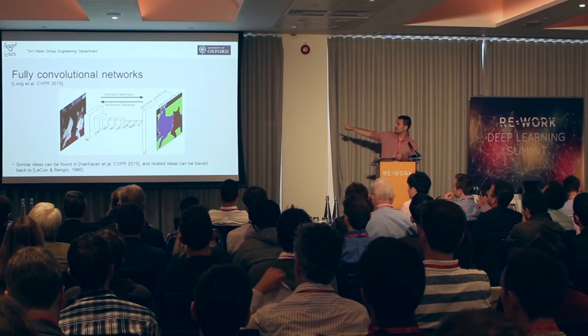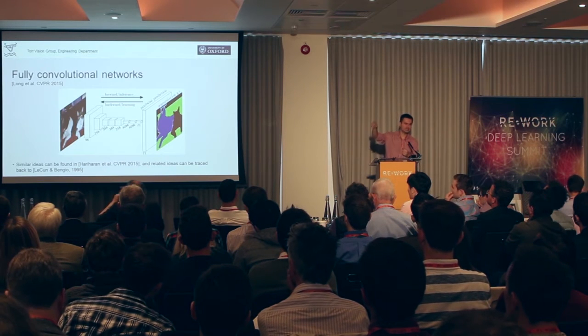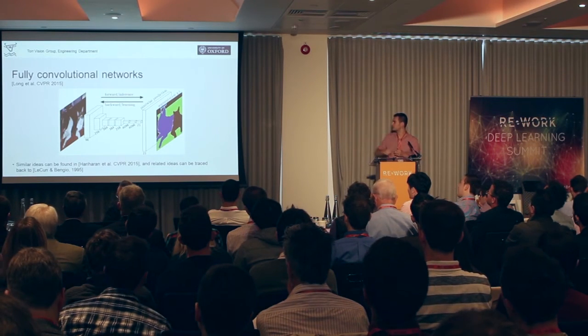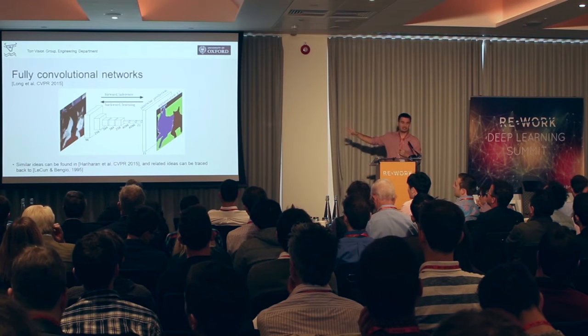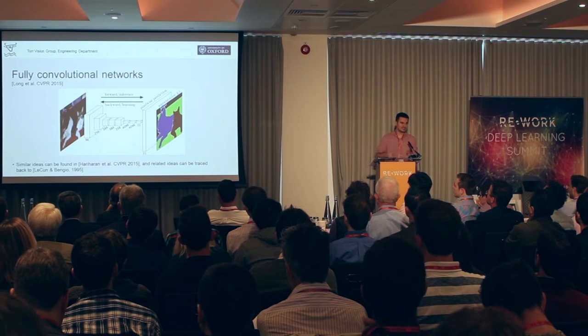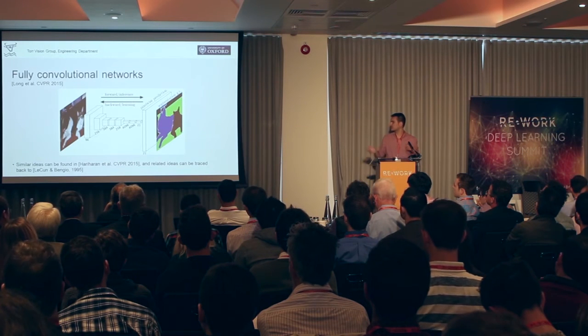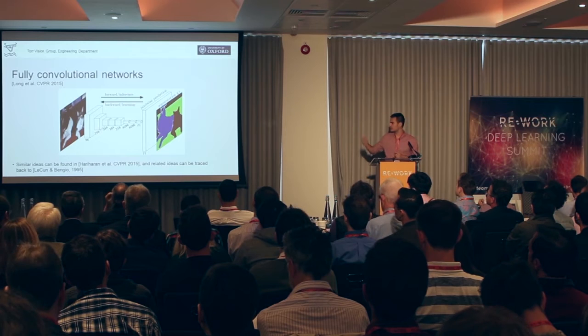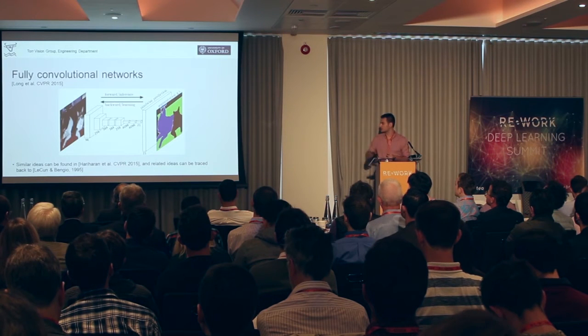So at the end, we have a one-to-one correspondence between the pixels in the input and the output. A similar approach was also developed by Hariharan, kind of simultaneously, and related ideas can in fact be traced back to the 90s in papers by LeCun and Bengio.